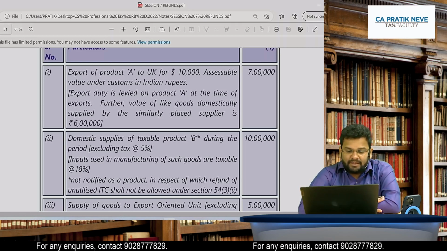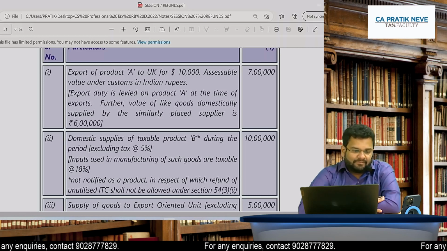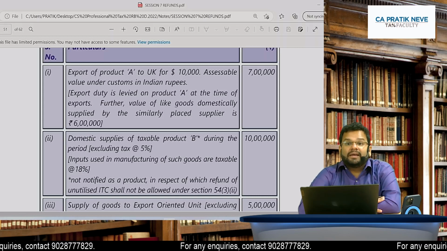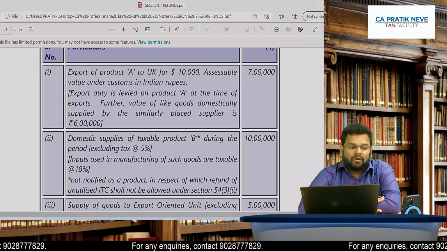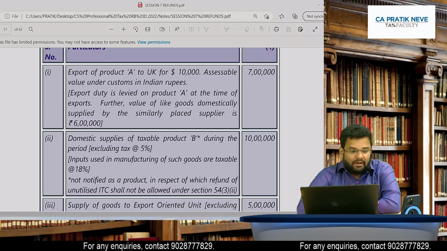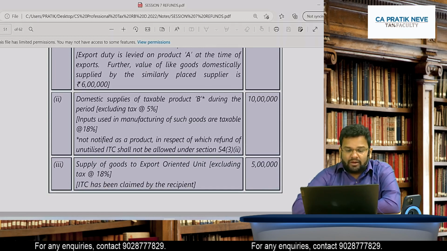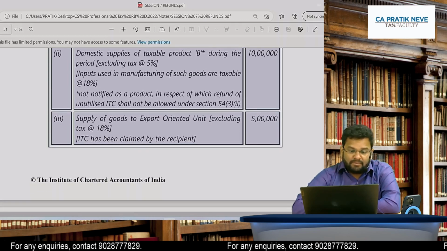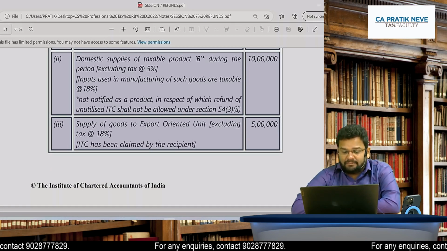Export duty is levied on product A. So you cannot claim any refund. Remember that. On at least the first point, you cannot claim refund. Second, domestic supplies of taxable product B during the period, 10 lakhs.